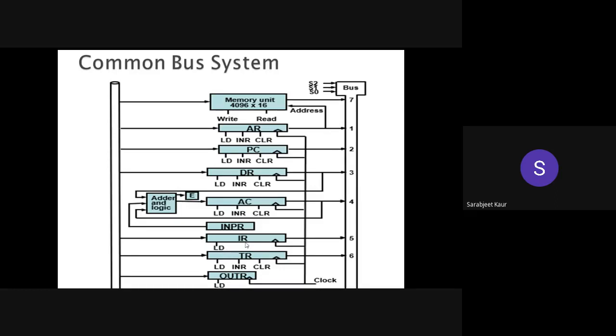Because the instruction register does not have to, and should not be allowed to, change the contents of the instruction. Yes or no? Is this clear to everybody? Yes, ma'am. Good. So this is the common bus system.